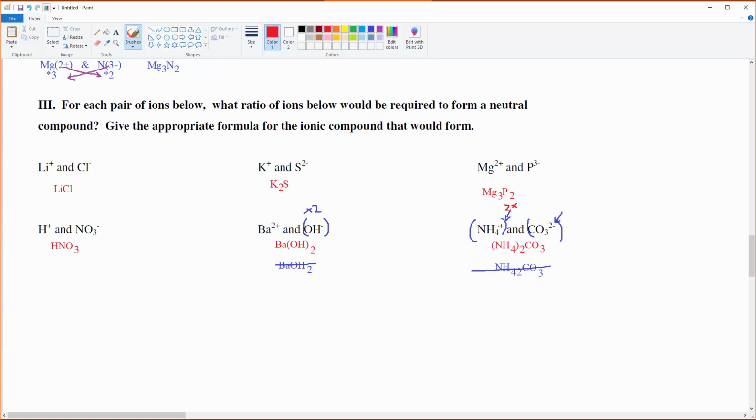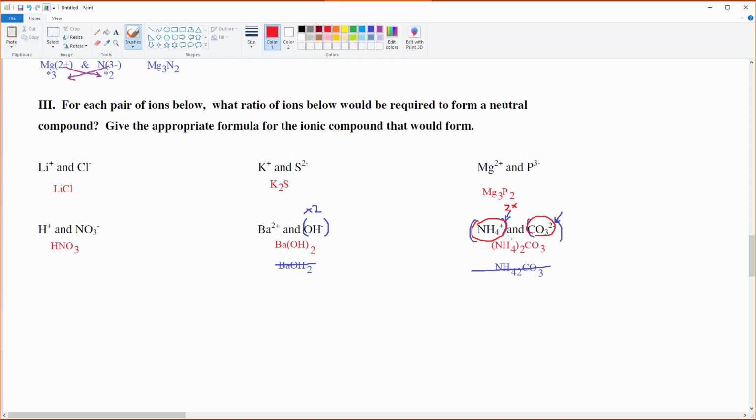When I want 2 times the +1, this +1 comes with this whole group of atoms because it's a polyatomic. So that's why I've got to put this one in the parentheses. And this -2 does apply to this whole bunch of atoms, but I only need one of them, right? So I don't need parentheses because we never put a 1 there, if that makes sense.